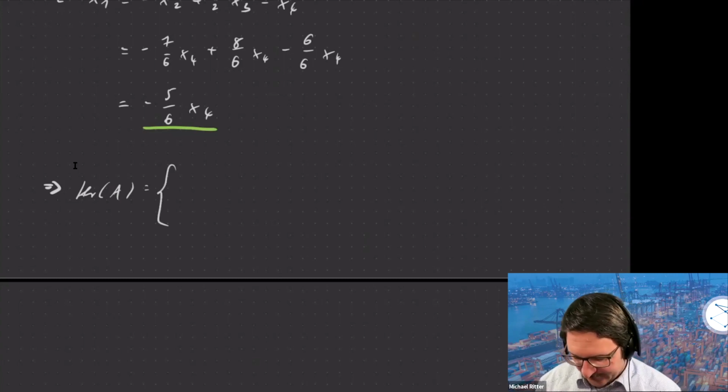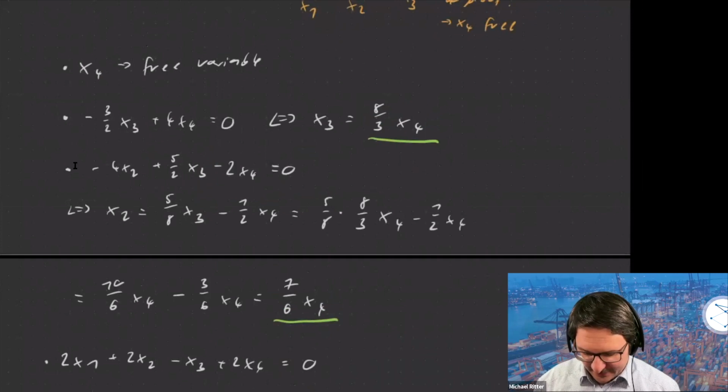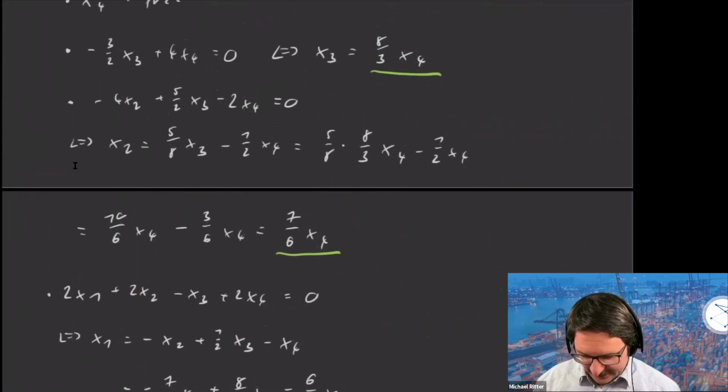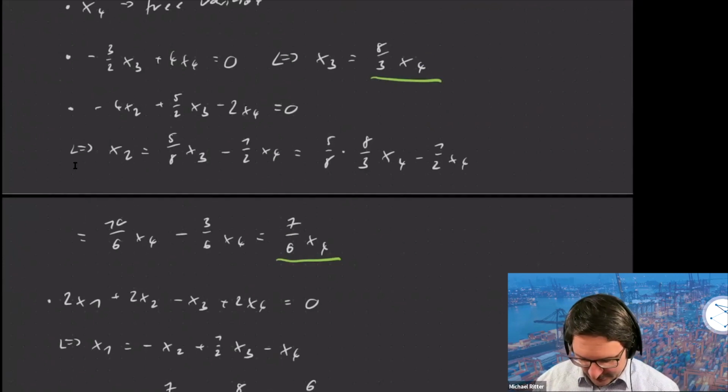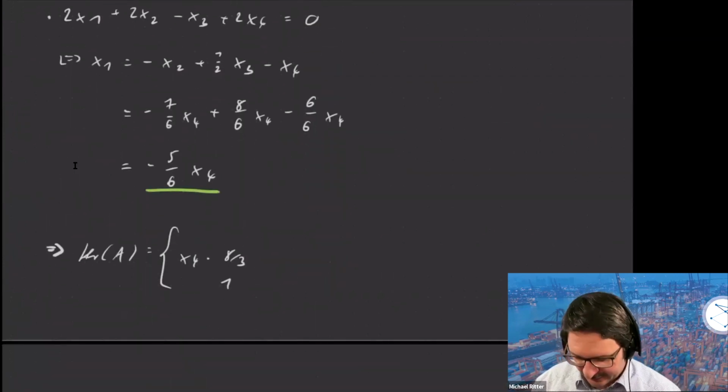So we have x4 times, let's see, x4 itself is the free variable, so there's a 1 here. Then we have x3, that was 8 over 3 x4, so here's an 8 over 3. x2 was 7 over 6 x4, so we put down a 7 over 6 here.